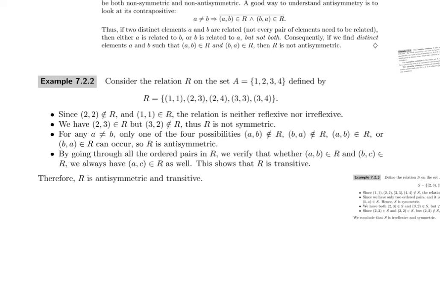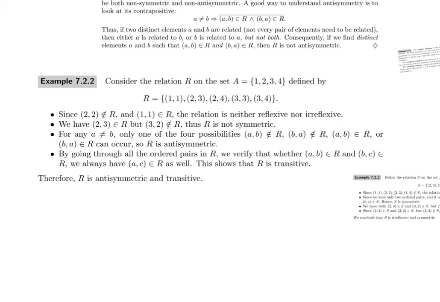And we don't have any that start with 1 except (1, 1), so we don't need to worry about that. But for every ordered pair that consists of two distinct coordinates, only one of these possibilities happens, and that's what tells us that R is antisymmetric.